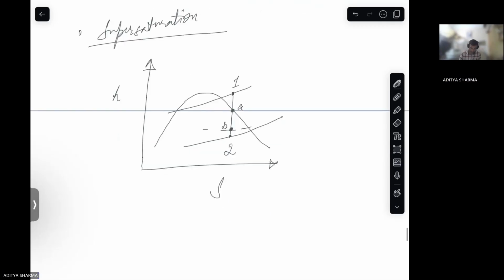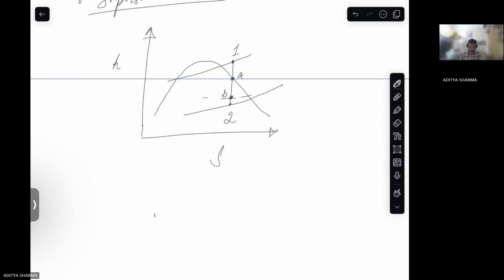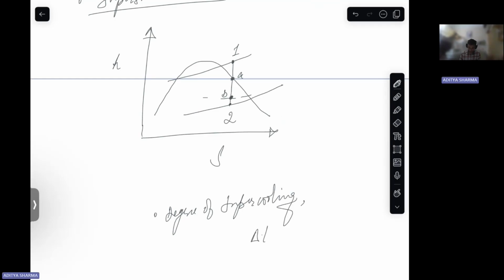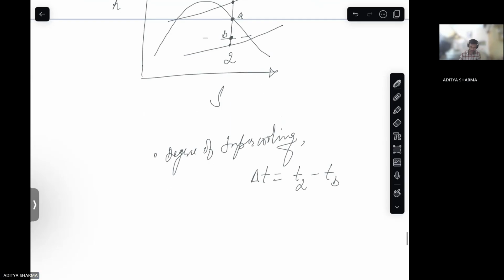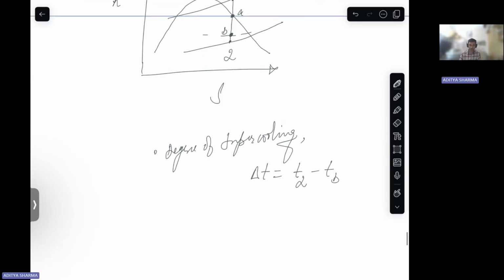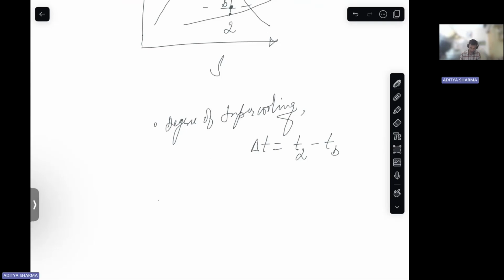But then here, what is degree of supercooling? Degree of supercooling, because the condensation is very rampant. That is why we are using it. Okay. So T2 is temperature at 2 and TB is temperature at B, right? Point B. So this is your degree of supercooling.